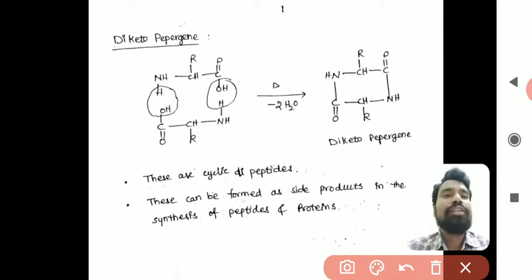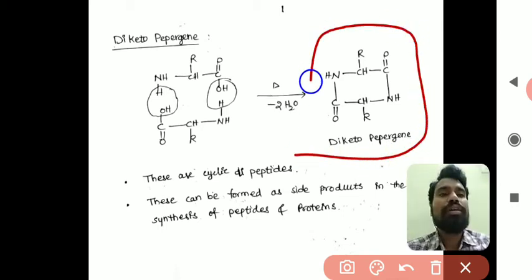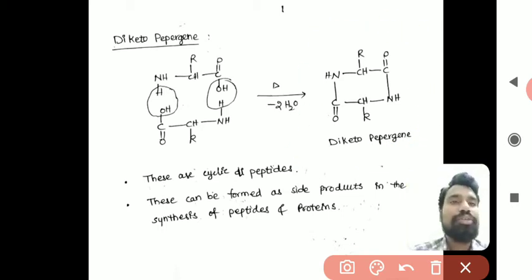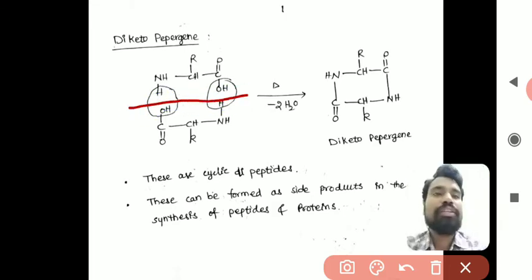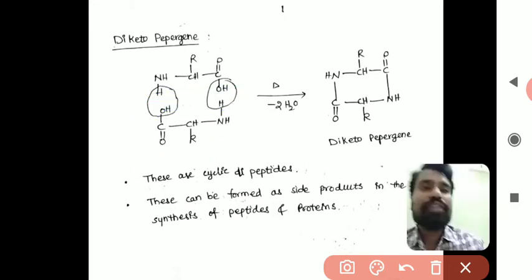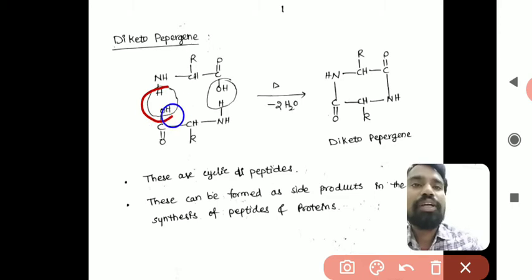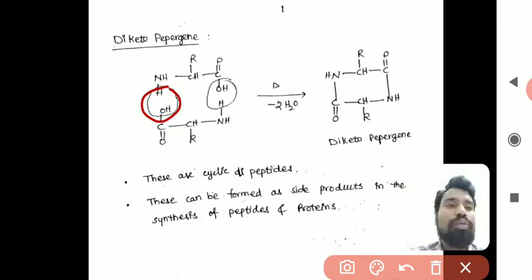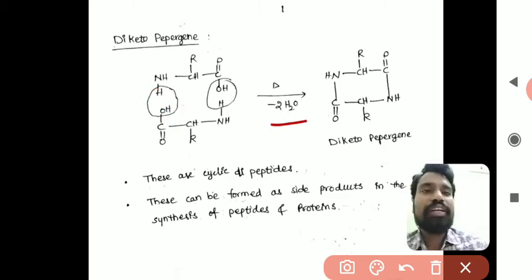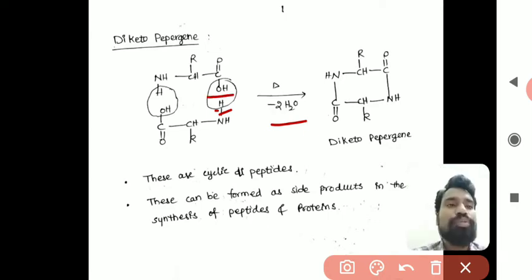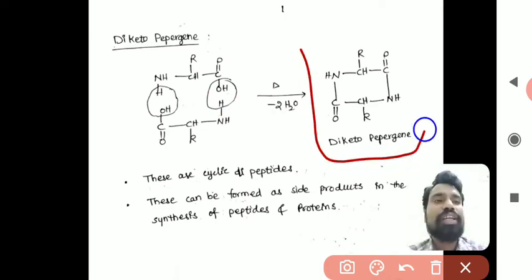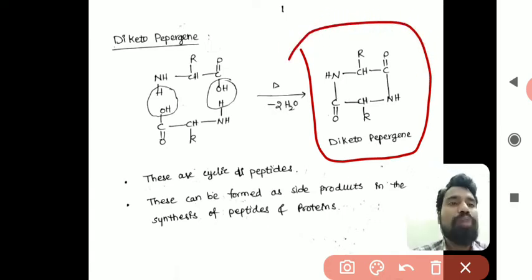Then a cyclic structure is formed like this. Just observe here, this is one amino acid and this is another amino acid, right? The amino hydrogen and carboxylic acid OH group leave as water, and here also the same thing. Then a cyclic amide is formed, right?